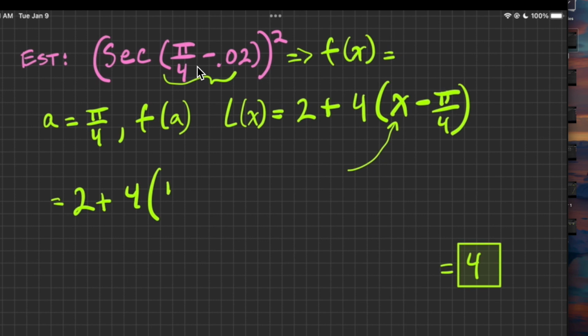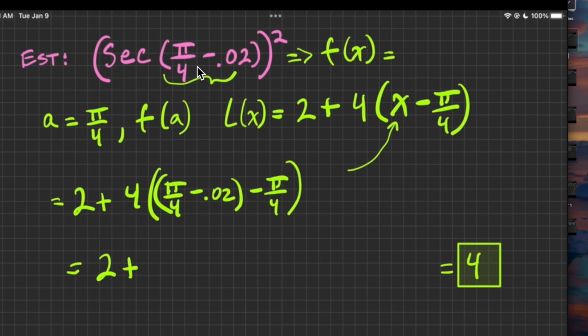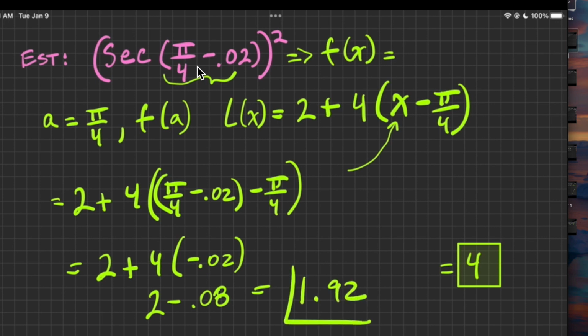So we're going to have pi over 4 minus 0.02 minus pi over 4, and that ends up being 2 plus 4 times negative 0.02. And when you evaluate all of that, you're going to get 2 minus 0.08, or 1.92 is the final L of x value.